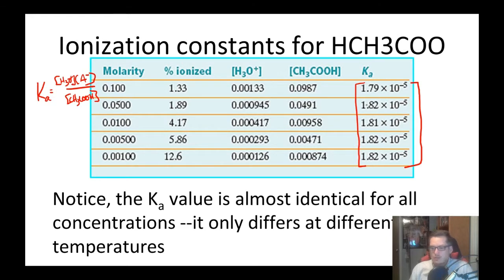Remember, we talked about this when we talked about the equilibrium constant: our equilibrium constant can only be changed by changing the temperature. That's true for our Ka values. It doesn't matter what our initial concentrations were. Our Ka values can only change based on temperature. So as long as we're at the same temperature, we can use the same value.